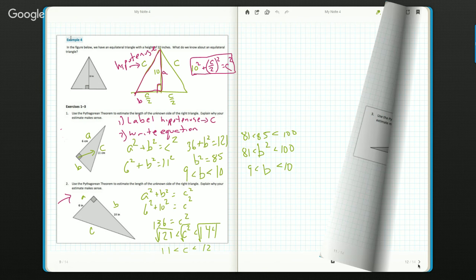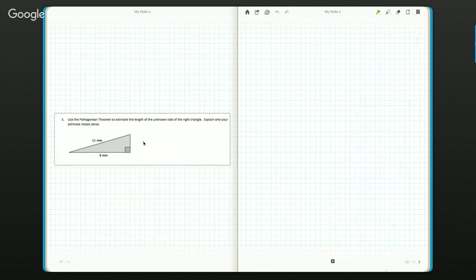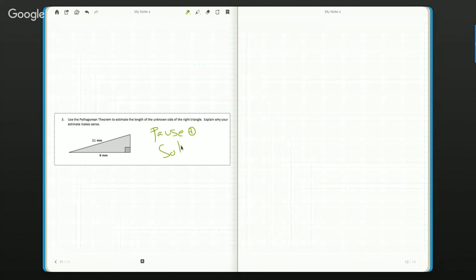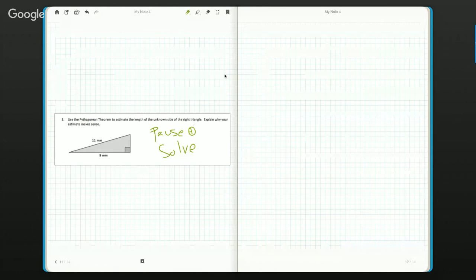Let's move forward and look at number 3. Let's do one last problem, and I'll let you now pause and solve. Okay, now I trust you're back after solving this equation and knowing that you first identify your hypotenuse. So that's our C, this is our A, and this is our B. We don't know B. This is the thing we're solving for now.